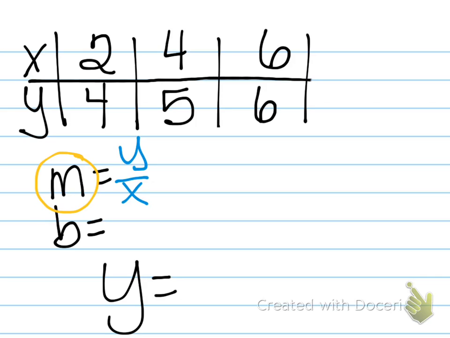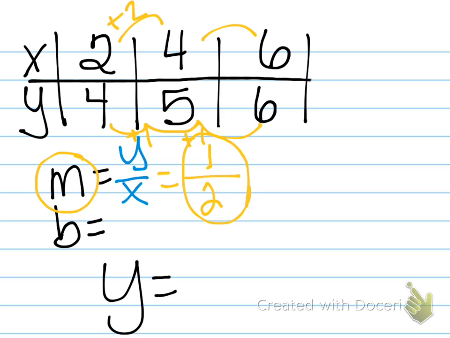In this case, my y is going up by 1s, 4 plus 1, 5 plus 1 is 6. How is my x moving? 2, 4. Yeah, we're adding by 2s. So my slope is 1 over 2. Notice I wrote y over x. It is always, always, always going to be written in y over x.